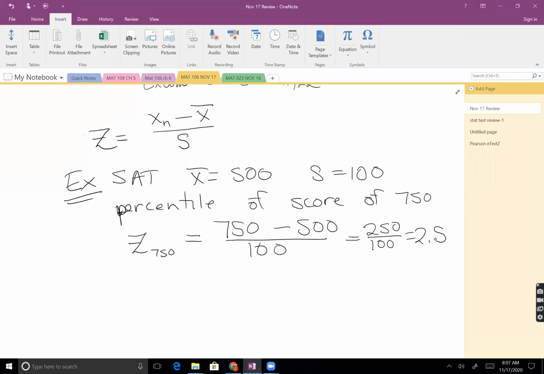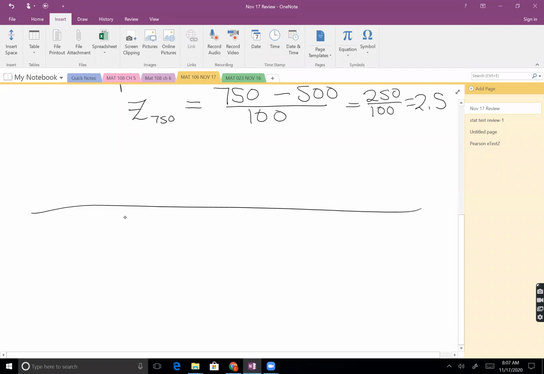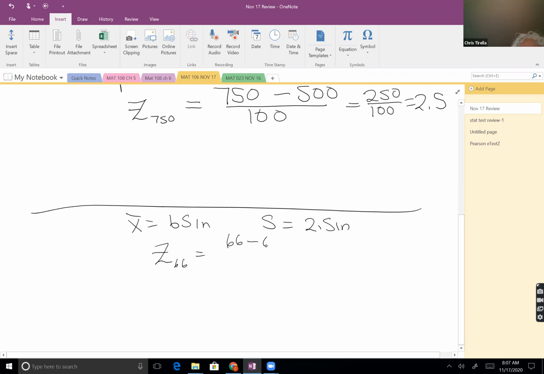So then, for example, the question says, in a certain study, women's heights are found to be approximately normally distributed with a mean of 65 inches and a standard deviation of 2.5 inches. So that would be 66 minus 65 divided by 2.5. 66 minus 65 is 1, divided by 2.5 would be 0.4, I think.